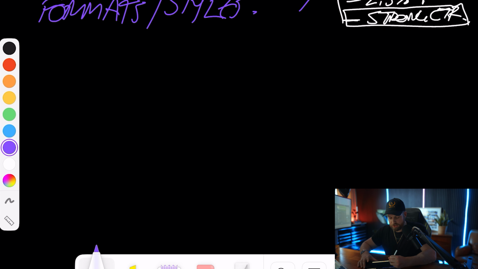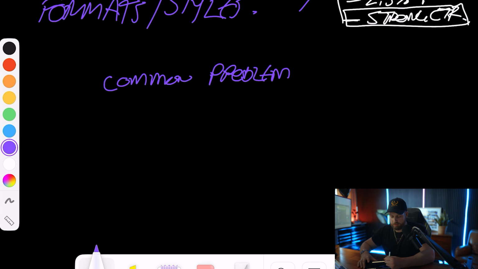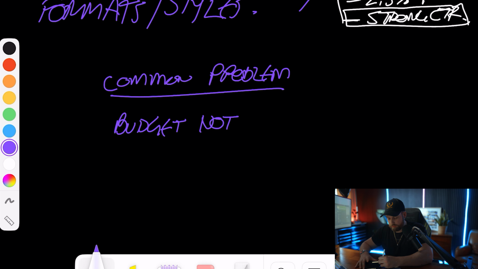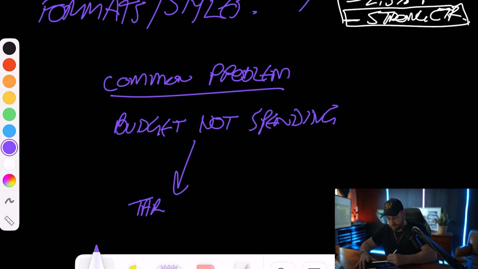And then this is a common problem that I wanted to make sure we map out a little bit. We talked about this a little earlier, but this is when the budget is not spending. If the budget is not spending, I would assume that you're running target ROI.